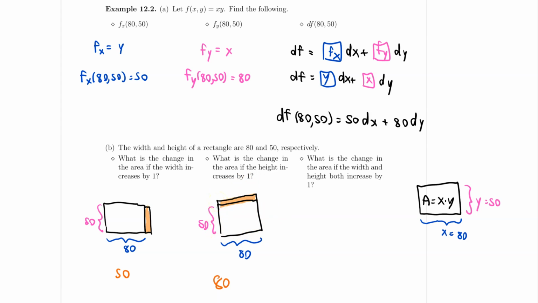And for the last part, the width and the height of my rectangle now both go up by 1. So I will have the same rectangle, 50 and 80. But now both the width and the height of my rectangle go up by 1. Then you can approximate the new area, the orange strip that I have. It's going to be just the sum of the two that we have from earlier.